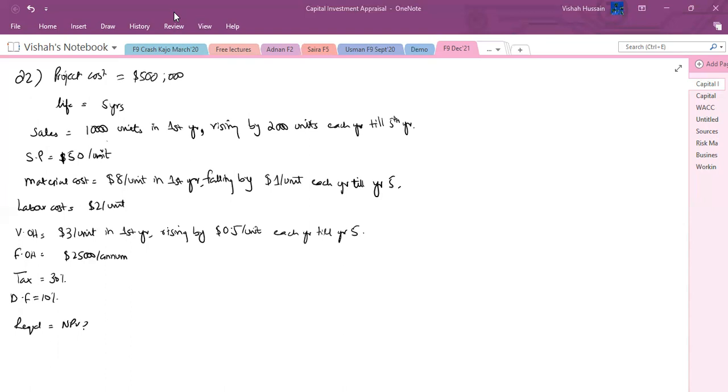Ma'am, the project cost is 500,000, right? Yes. And then your present value for year one would be 219,523. Then for second year, 245,735. Then for year three, 266,530. Year four, 282,557. And year five, 294,292.